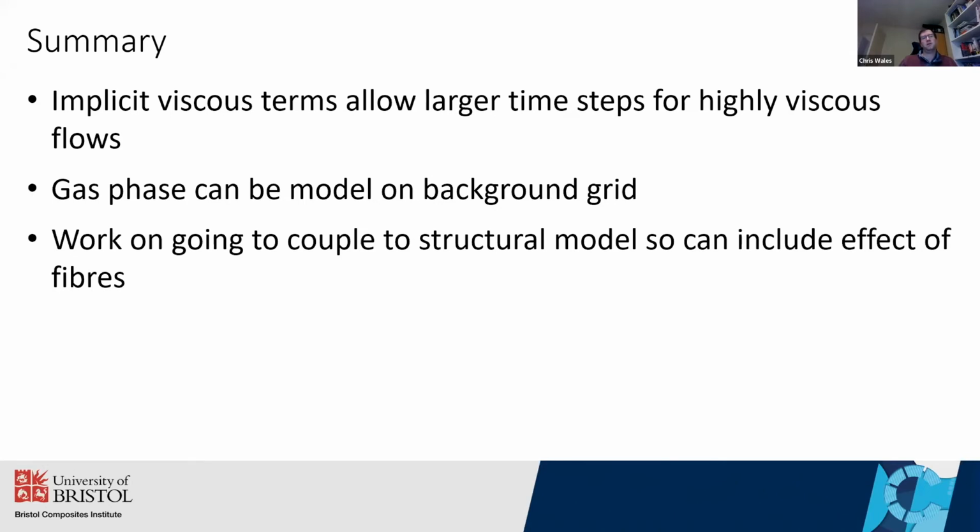There's a little bit of work that needs to be done to smooth out the coupling of the gas phase back onto the resin grid. And then we're working on a structural model to couple on to the fluid model to include the fibers in the overall model. So thank you very much.